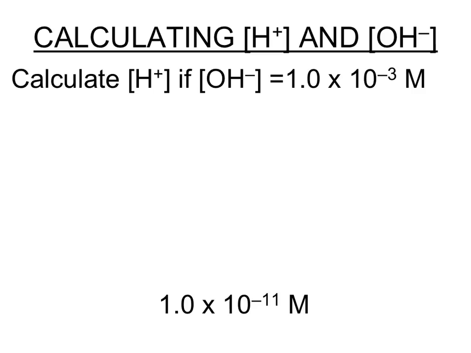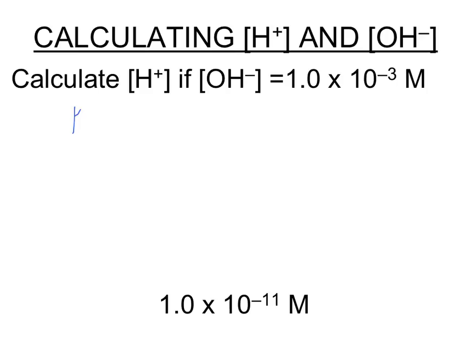So in the first question, we're asked to calculate H3O plus if the OH minus concentration equals 1.0 times 10 to the minus 3. So what I know is the OH minus concentration, and I need to solve for the acid concentration, and our first formula involving kW works out nice for this one.